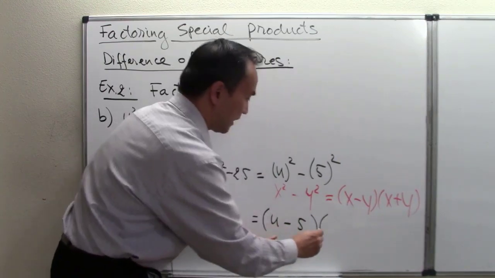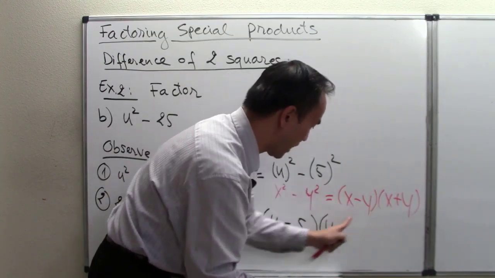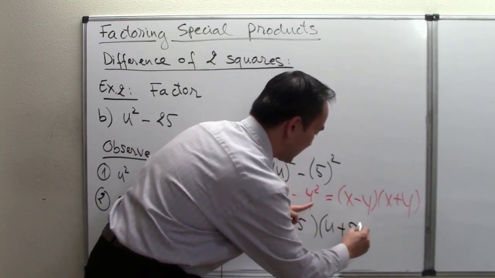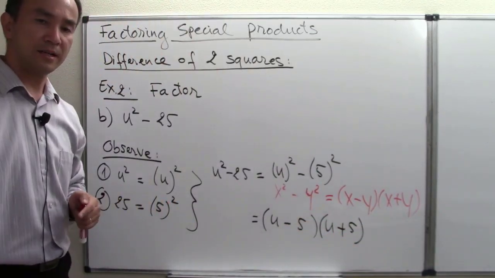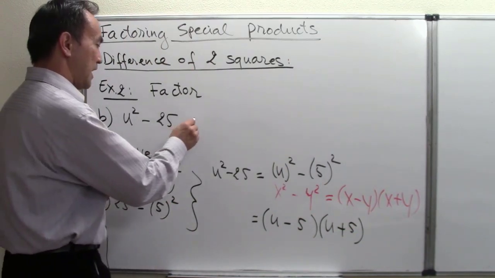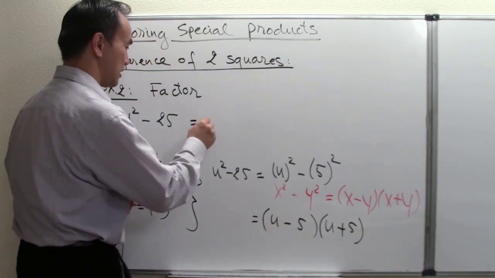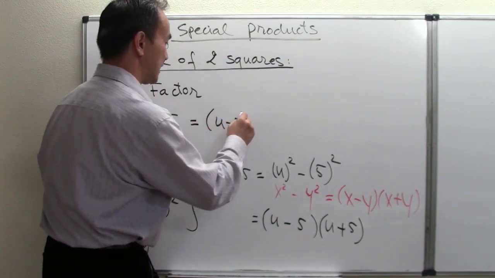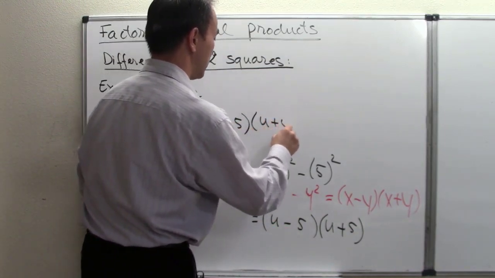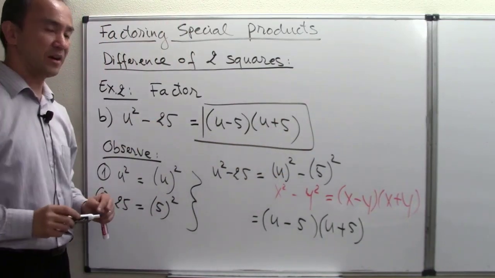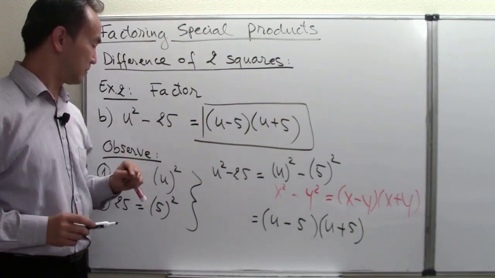And then I have x plus y, but u is substituted for x, u plus 5, 5 is substituted for y. Okay, so this is our final factored product: u minus 5 times u plus 5. And this is the final factored form of our quadratic expression here. Simply two terms.